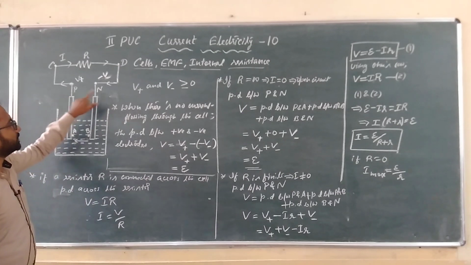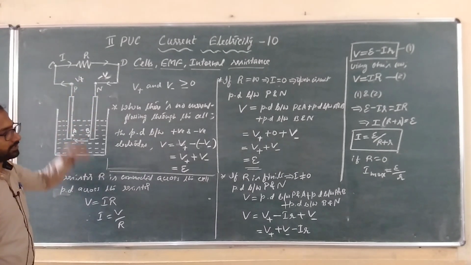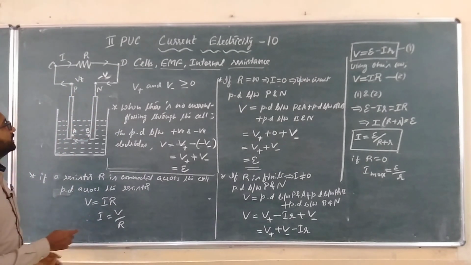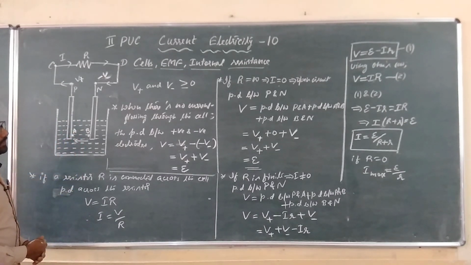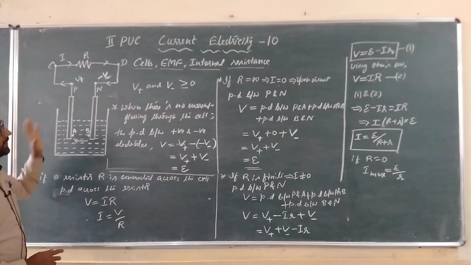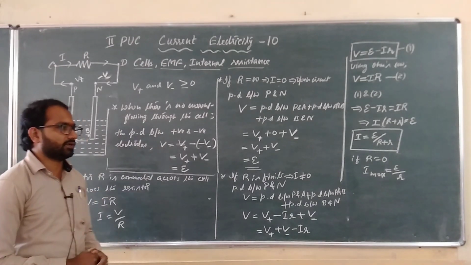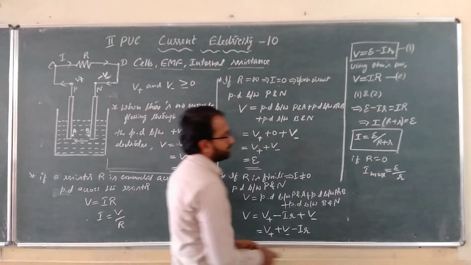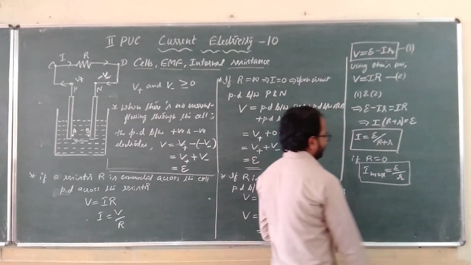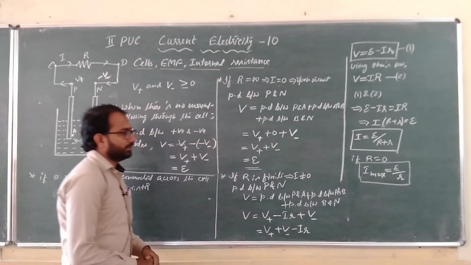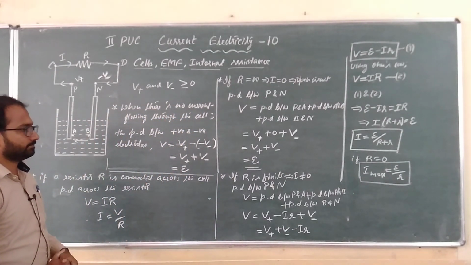If the two electrodes are connected together without any external resistance, then current flowing through the cell is maximum, because now it is shorted, which will permanently damage the cell. So to avoid that, we always connect a finite value of resistance across the cell. So this is the expression for maximum value of current. I maximum is equal to E by small r.